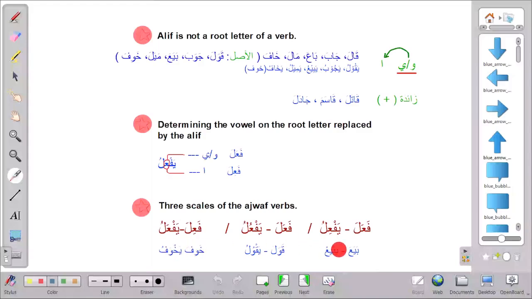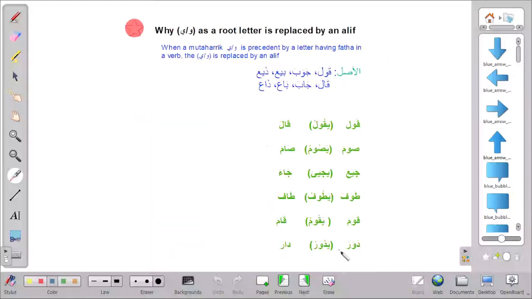So these are the three scales in which the af'al al-ajwaf, the ajwaf verbs, can come. I hope that is clear. Okay. So let's continue with another important point to look at. So please observe here.